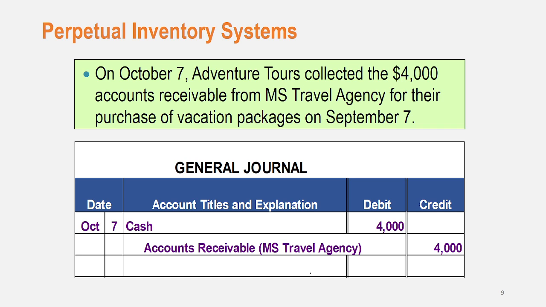The next economic event takes place on September 7. On September 7, Adventure Tours collected $4,000 from MS Travel Agency for their purchase of a vacation package on September 7.